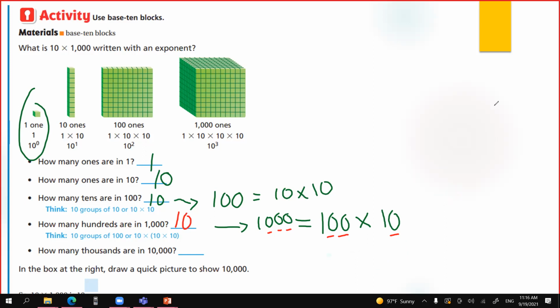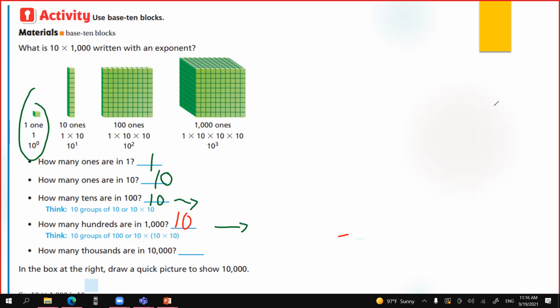Now, look at 10,000. How many thousands are in 10,000?